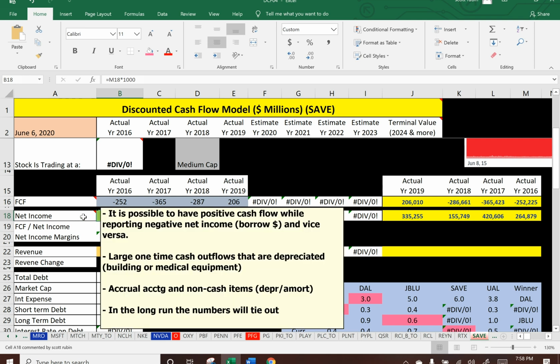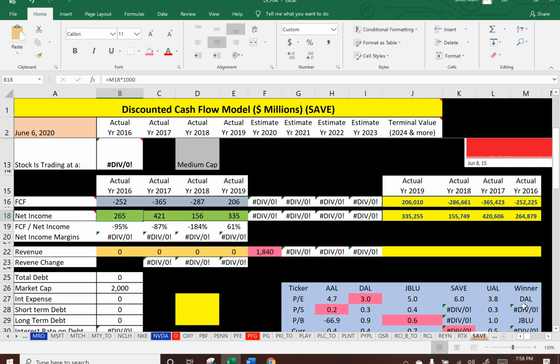Net income, the reason it's positive is because there's a lot of non-cash items on the income statement. So when they depreciate things or when they pass through losses or gains, it could make the net income positive even though you're actually losing money in the business.